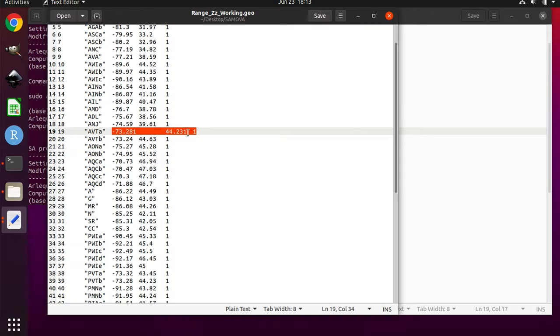He added ones to the thousandths place. Compare that to PVTB, where it stays the same. So these geographic coordinates are functionally identical, but they're different enough that it allows the triangles to be made where you're not going to have zeros in any of the sides of the triangles.